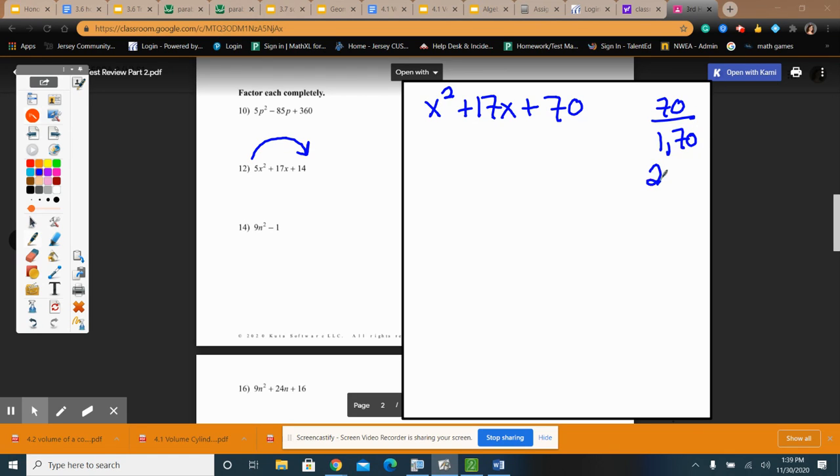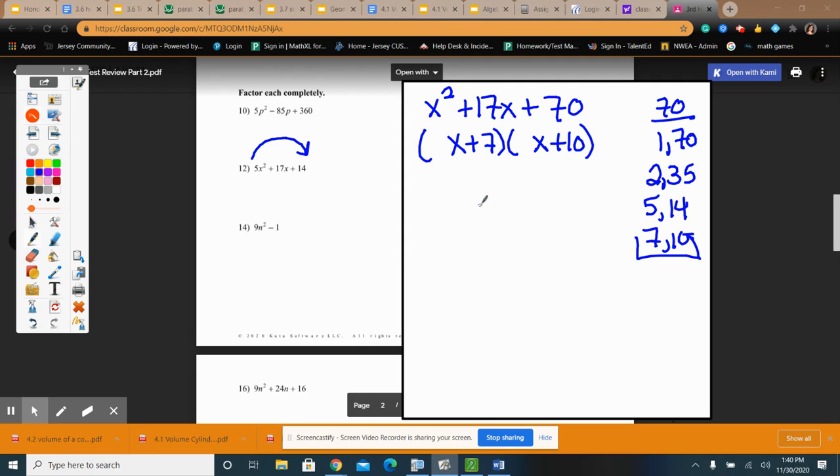Same signs, 2 and 35, 3 and nothing, 5 and 14, and then 7 and 10. I think that's it. Yay, it's 17. Hooray. So we put x plus 7 and x plus 10.